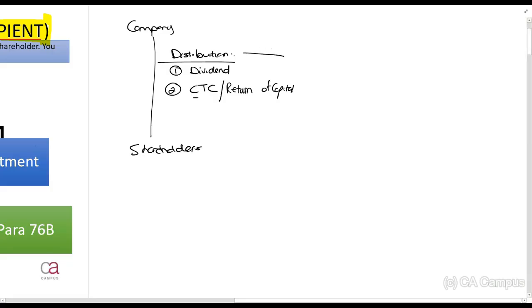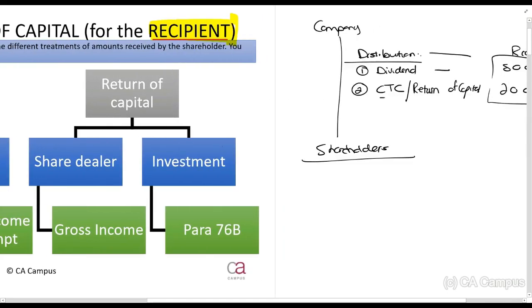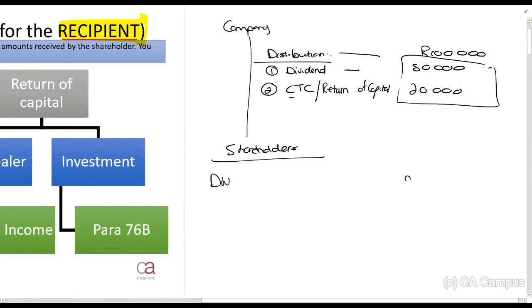Now, this company gives out a distribution of 100,000 rands. 80,000 of that is a dividend, and 20,000 of that is return of capital. Okay, so now let's look at the shareholder. The shareholder, for the dividend portion, that 80,000 will include the 80,000 rands, and it will be exempt.